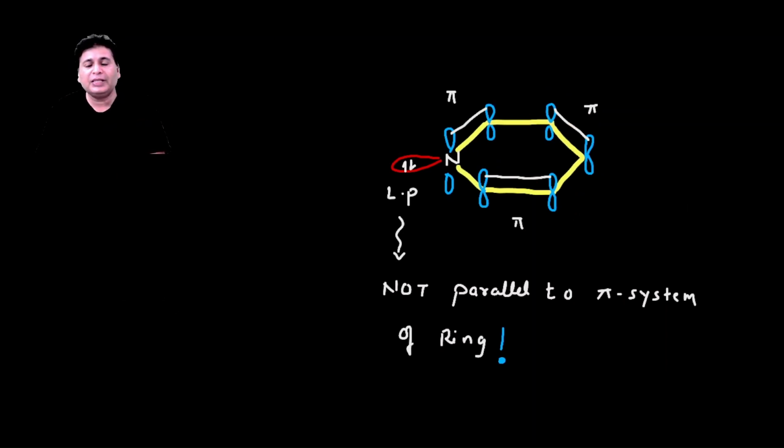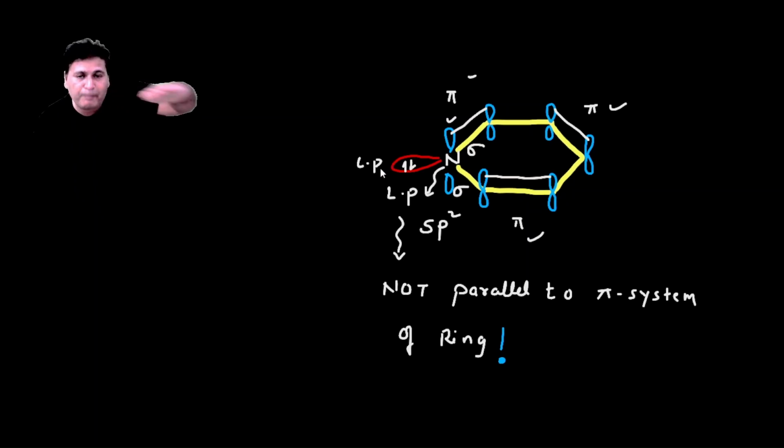In the previous slide, I told you that the nitrogen I am talking about is part of an aromatic ring, and the 3 pi bonds you can see, 1, 2, 3, are part of the aromatic sextet. And as I have already said, the nitrogen is sp2 hybridized, and sp2 hybridized means the 2 sigma bonds I am talking about and the lone pair I am talking about will remain in the same plane.